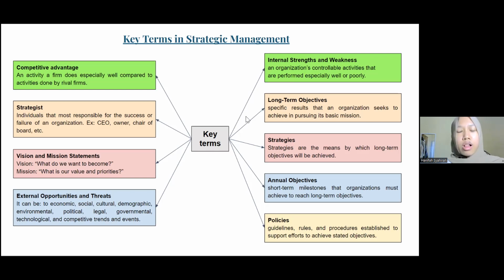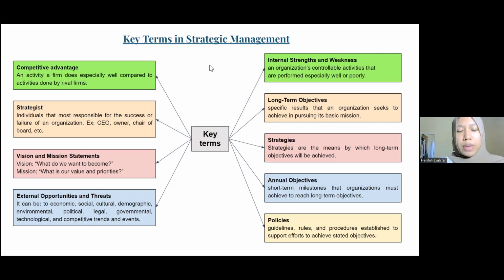External opportunities and threats may be economic, social, cultural, demographic, or environmental. These come from outside the company itself, not from the internal side. And the fifth is internal strengths and weaknesses.